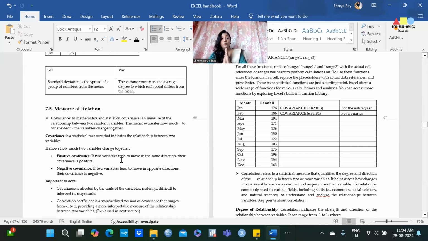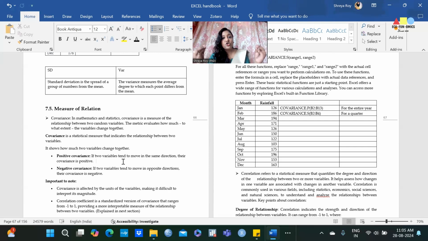Covariance will only tell you the relationship between two random variables. Let's say there is one variable x and another variable y. The relationship between these two variables x and y is what covariance tells us.